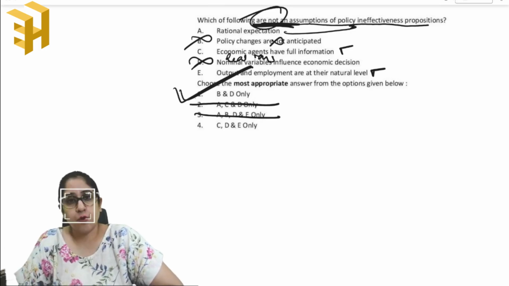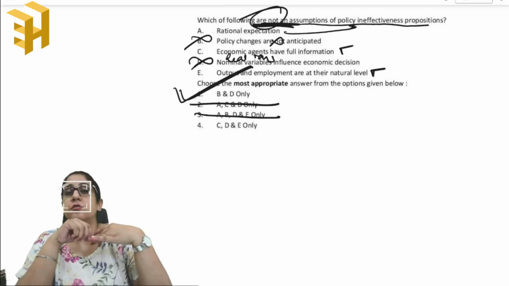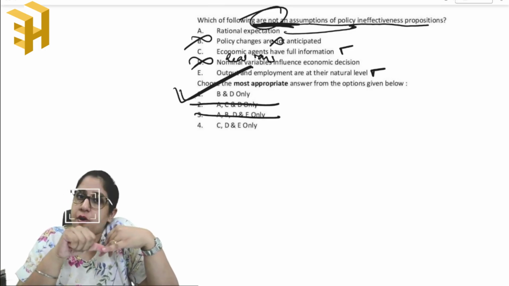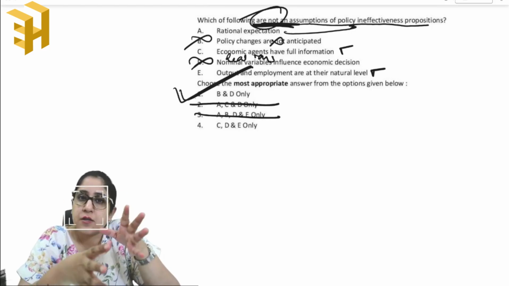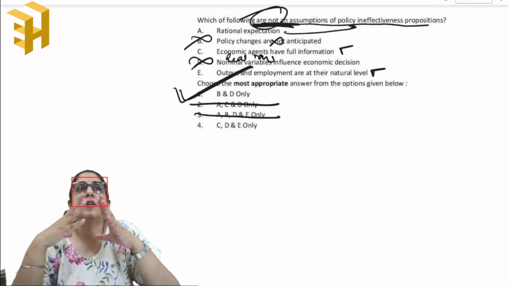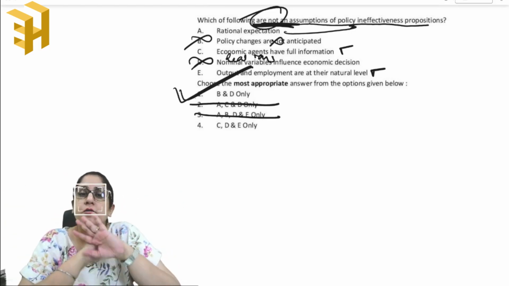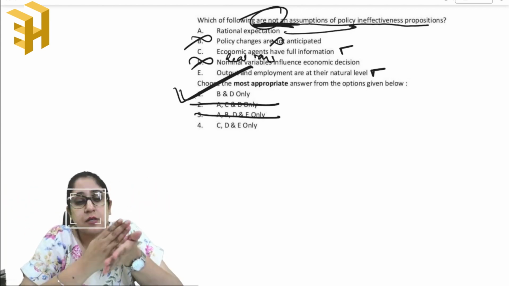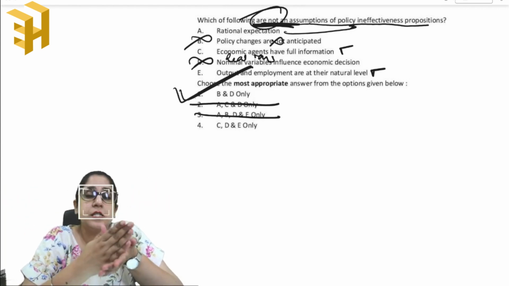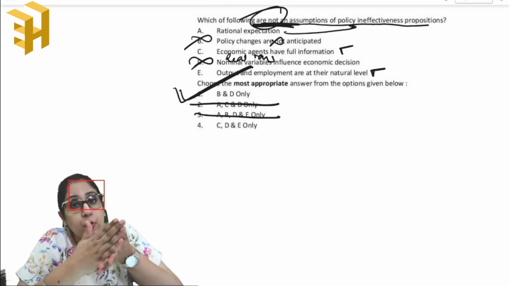Now we come to the end of the video, but please remember that the main ideology of each school of thought is very important. Classicals were mainly focused on real variables and market variables, that the market will automatically adjust. Keynes came into the picture and stated that fiscal variables were equally important.